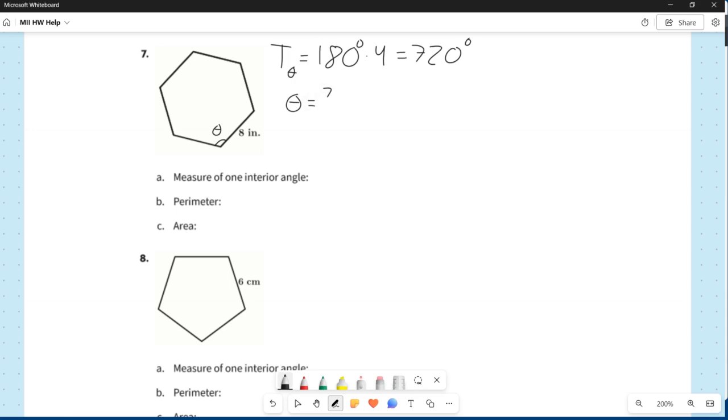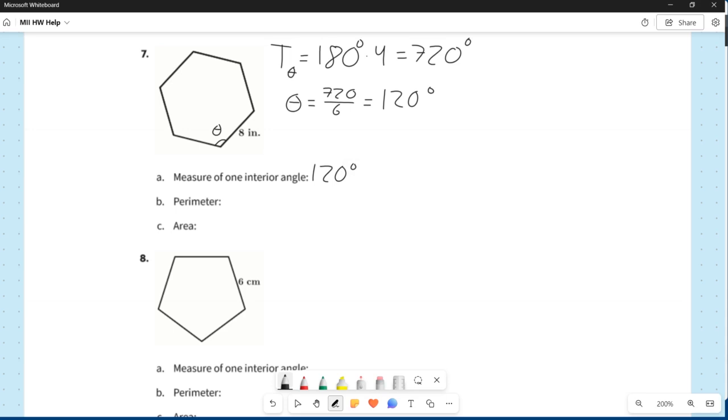Theta is going to be our total divided by 6, because every single angle is congruent, which means we take our total and just divide by the number of angles, and we end up getting 120. So the measure of one of our interior angles is going to be 120 degrees.